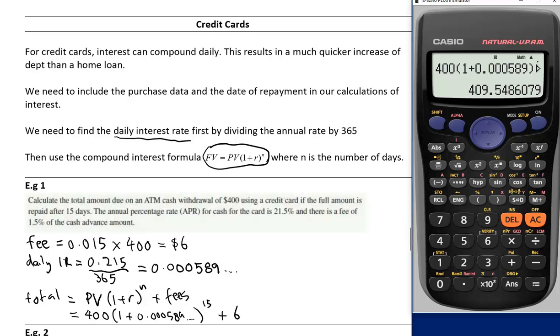So round off to the nearest cent always when we're dealing with money. It's going to be $409.55. That is the amount due after all is included. So we have to pay an extra $9.55 more than the amount we borrowed.